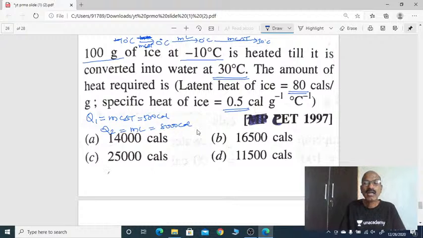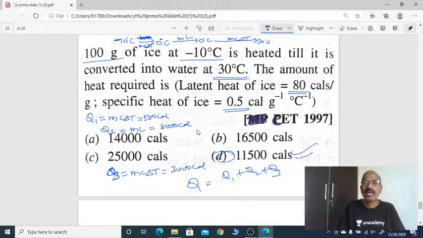Then, Q3, water at 0 degrees to water at 30 degrees Celsius, is mc delta T, which gives 3000 calories. Now the total heat is Q1 plus Q2 plus Q3. Add all and you will get 11,500. Option D is the correct answer.